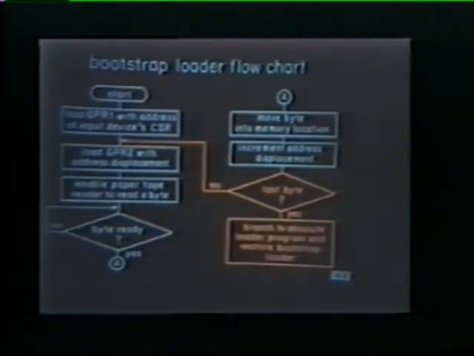If the reader is not reading the last byte on the Absolute Loader tape, the program loops back and places the incremented address displacement into General Purpose Register 2. The cycle is then repeated until the reader is at the last byte. After the last byte is read in, the Bootstrap program branches to the Absolute Loader program. The Absolute Loader program then restores the Bootstrap Loader to its original keyed-in configuration.